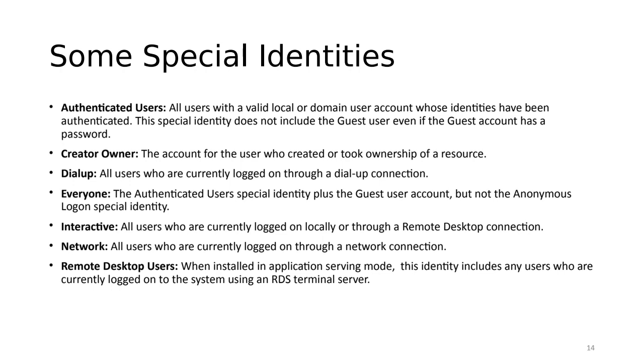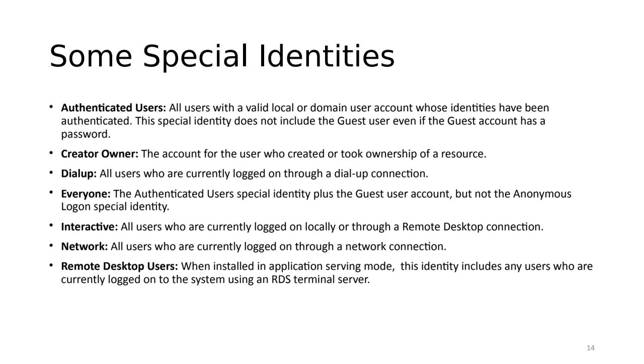Interactive, all users who are currently logged on locally or through a remote desktop connection. Network, all users who are currently logged on through a network connection. You see, we have very specific ones. The network does not include the remote desktop connections, all right?